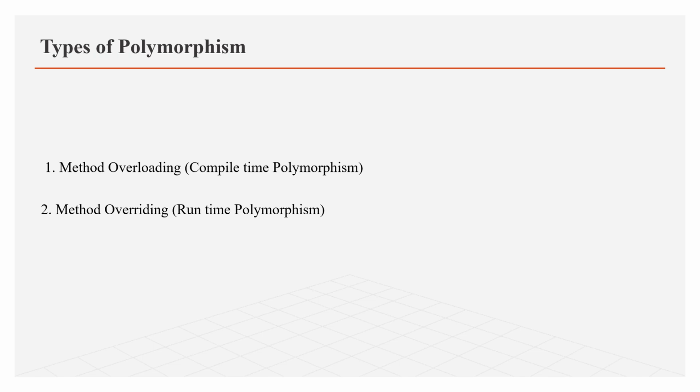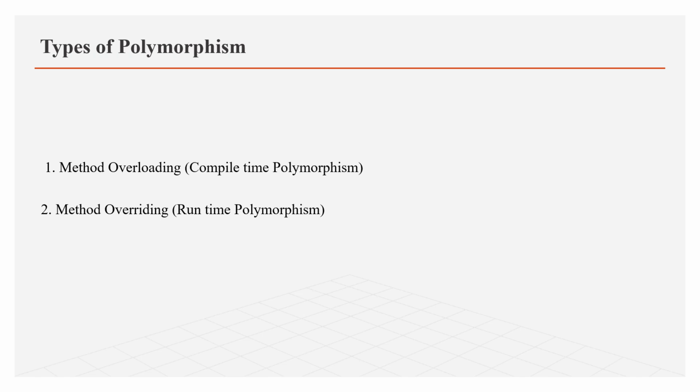So there are two types of polymorphism. One is method overloading and the second is method overriding. Method overloading is also known as compile time polymorphism because at compile time we understand that multiple methods are there in our program with the same names, but we can identify which method will be called.